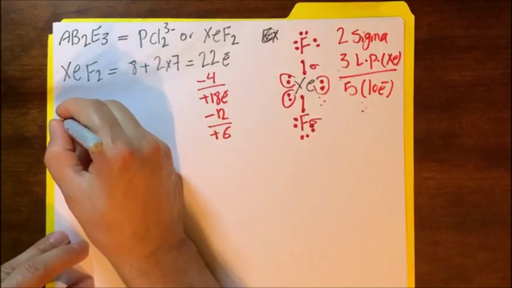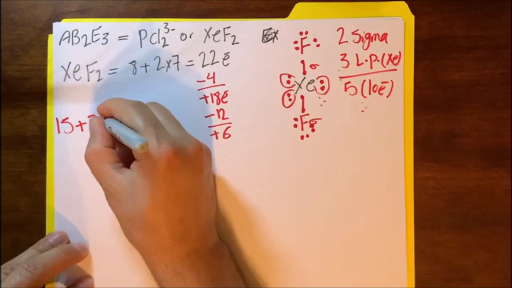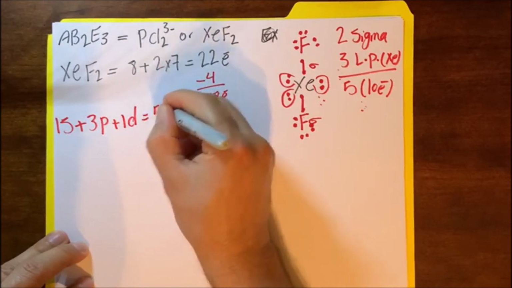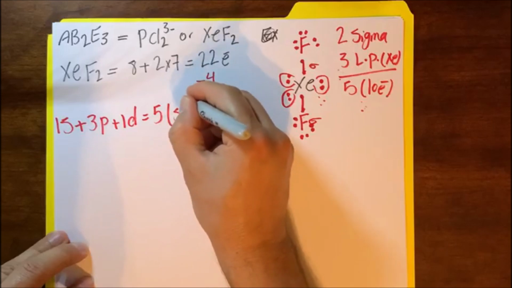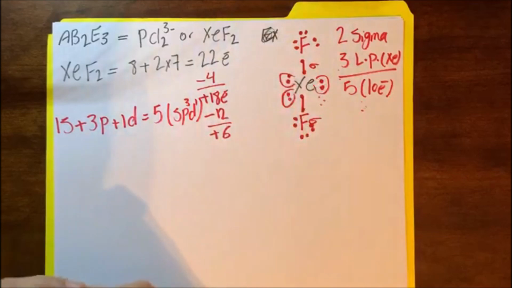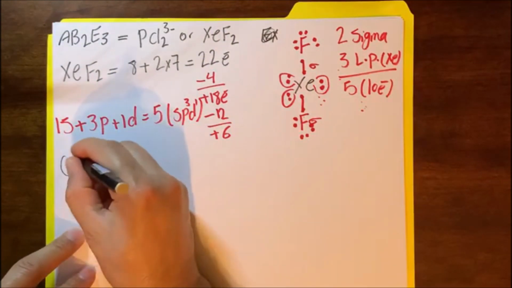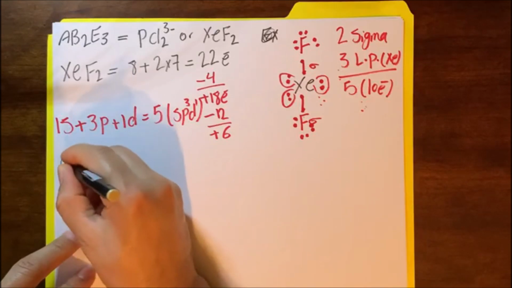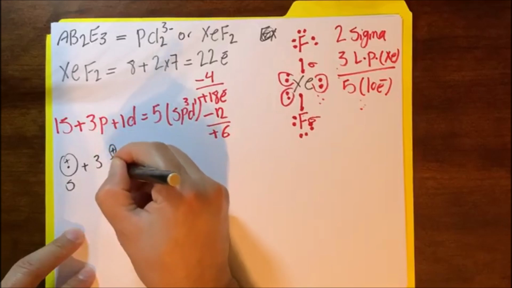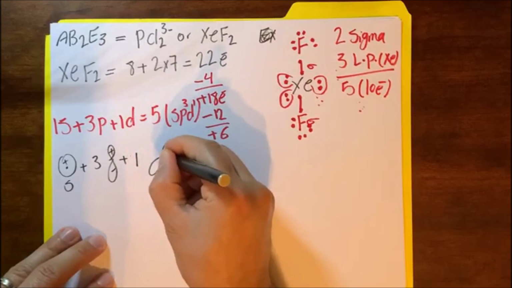So the hybridization will be S1 plus 3 from P plus 1 from D. It will be sp3d1. Okay. And we mix the s plus 3 p plus 1 d orbital.